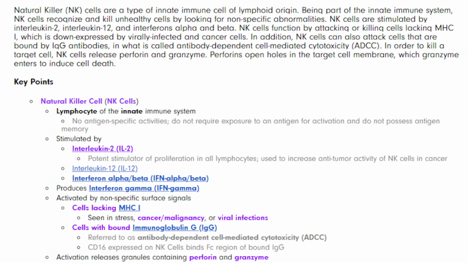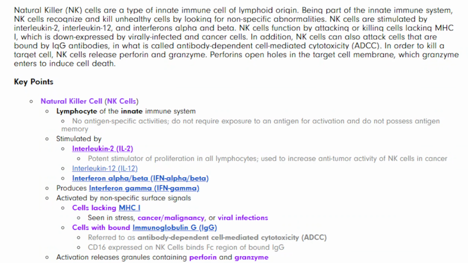MHC1 is downregulated by virally infected and cancerous cells. So if you have a cell that is infected with a virus or turning into cancer, it downregulates the MHC1, and then the natural killers can notice that and attack those cells, trying to kill them.